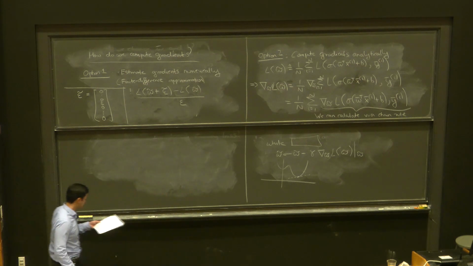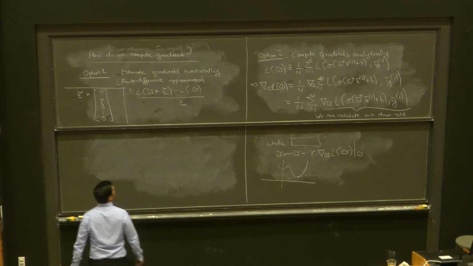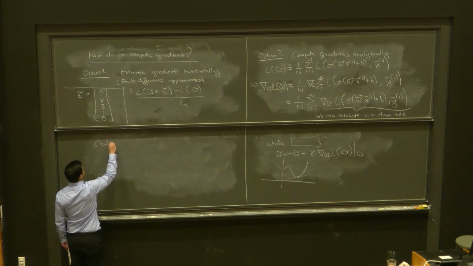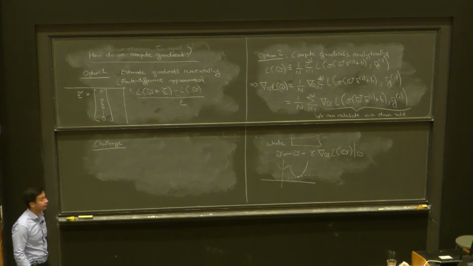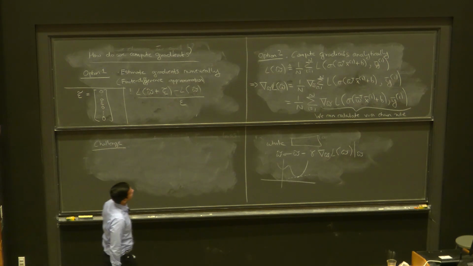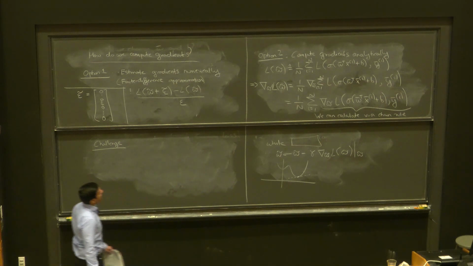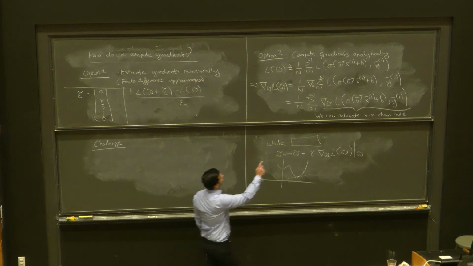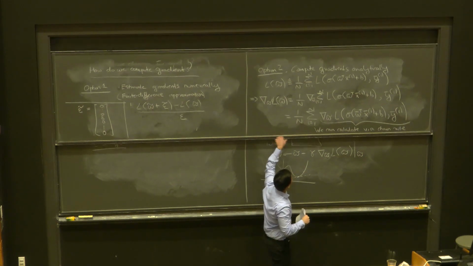All right, so what are the challenges with what I described over here? One major challenge is computational efficiency. The gradient descent procedure that I described requires the computation of the gradient for each term in the summation.